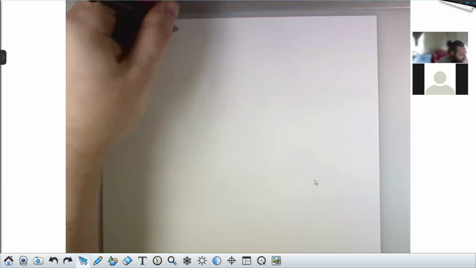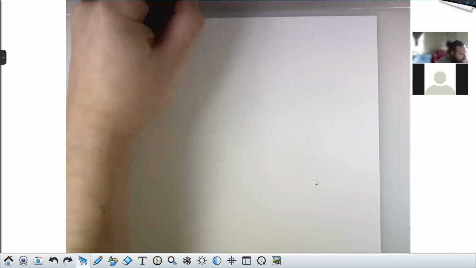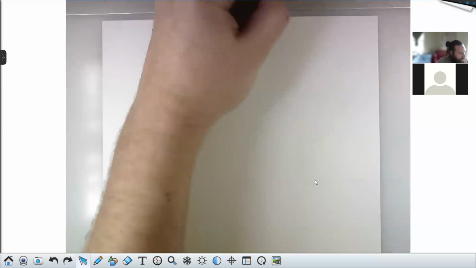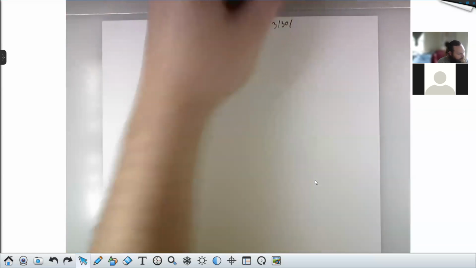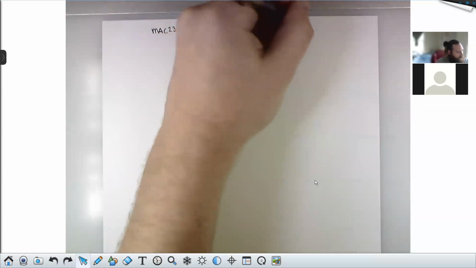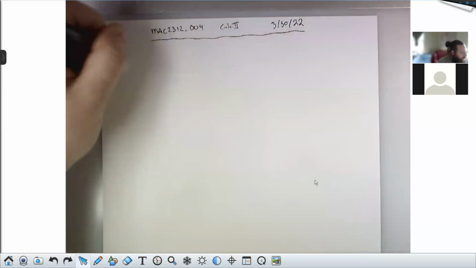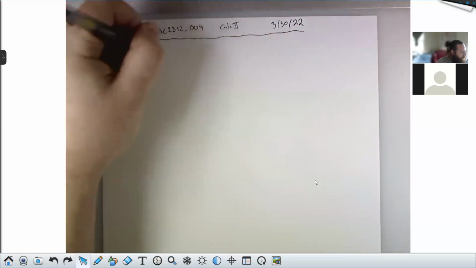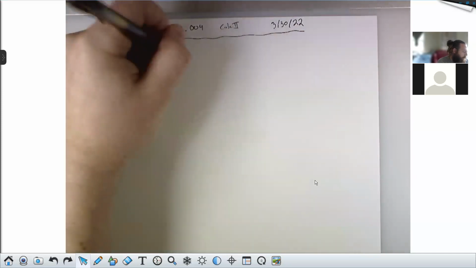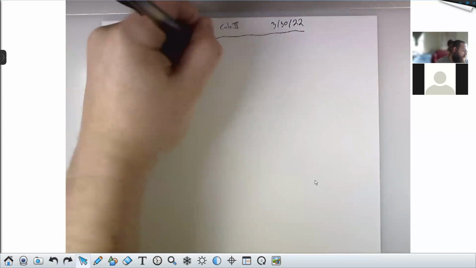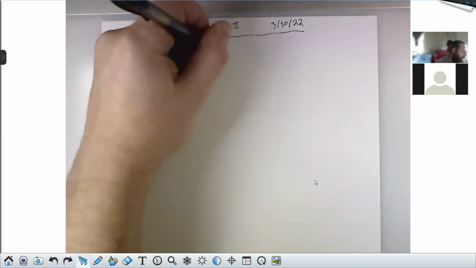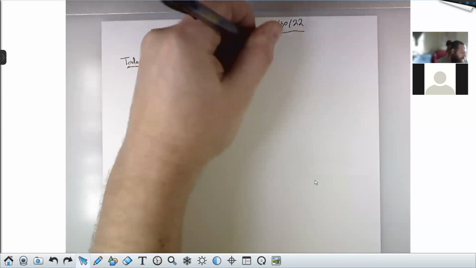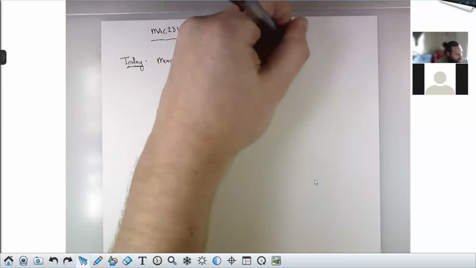So with that said, this is MAC2312, section number 004, which is Calc 2. The date today is the 30th of March, 2022. And the name of the game today, we're going to be talking more about Taylor and Maclaurin series.